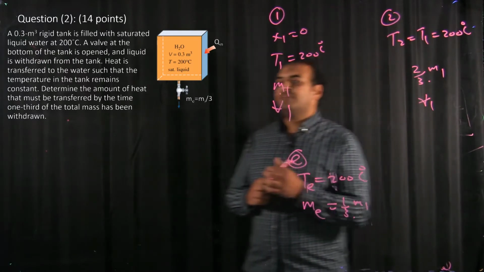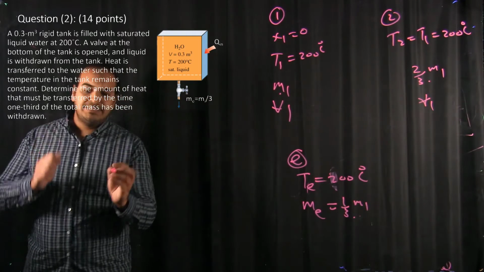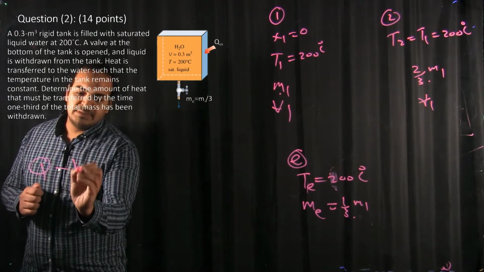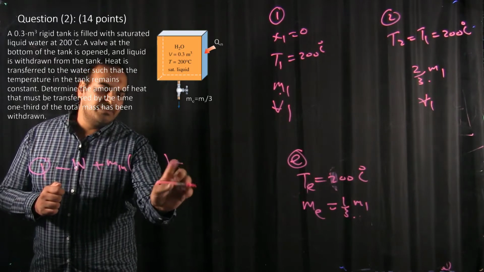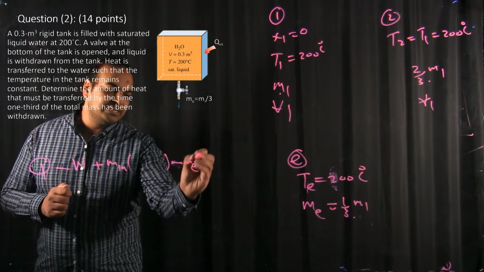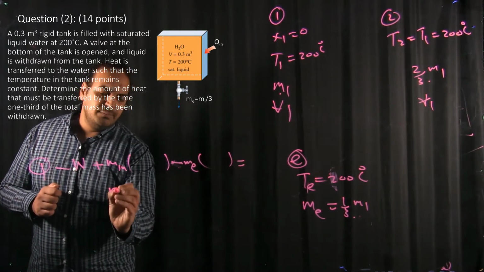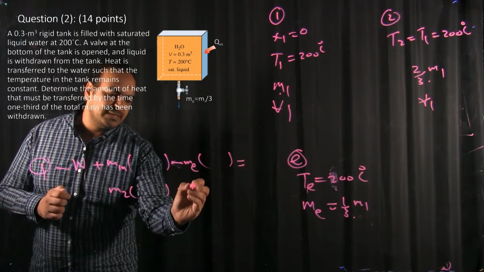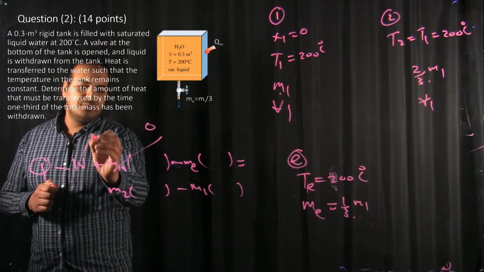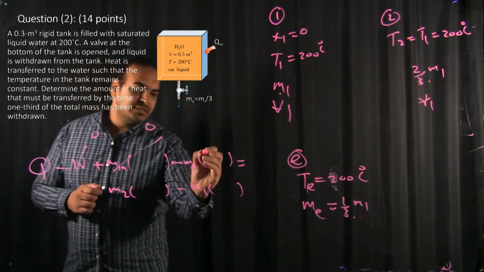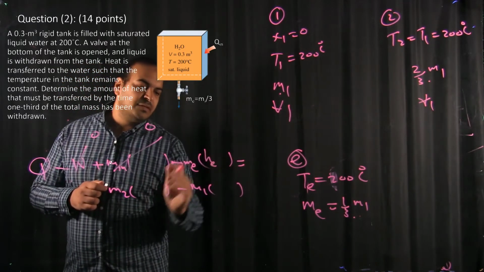Let's start with the first law of thermodynamics for an open system, unsteady. So Q minus W plus M in times something minus M out, which is exit, times something, equals M2 times something minus M1 times something. There is no mass in, there is no work. We have just H exit, there is no kinetic energy.